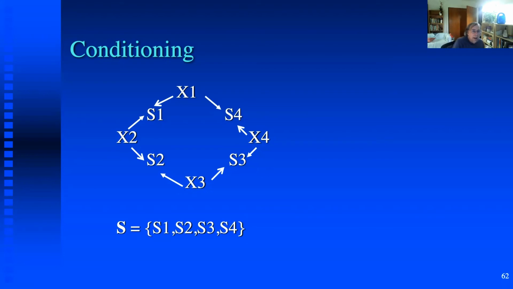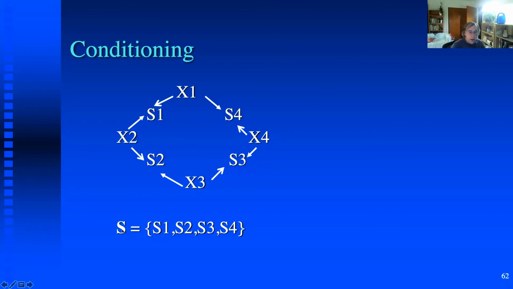Is there ever a case where I could tell that there's selection bias? Well, suppose this is the true graph, and that my sample, you get into the sample only when S1, S2, S3, and S4 are all true. They're all equal to 1.